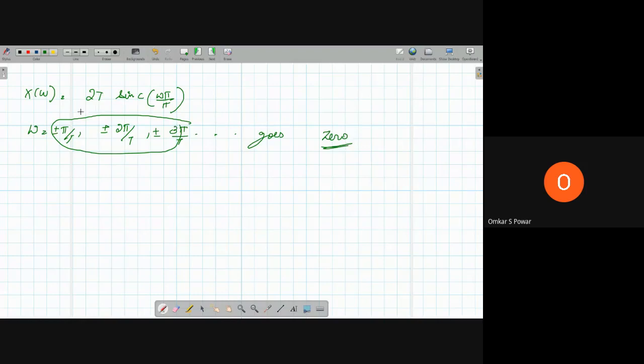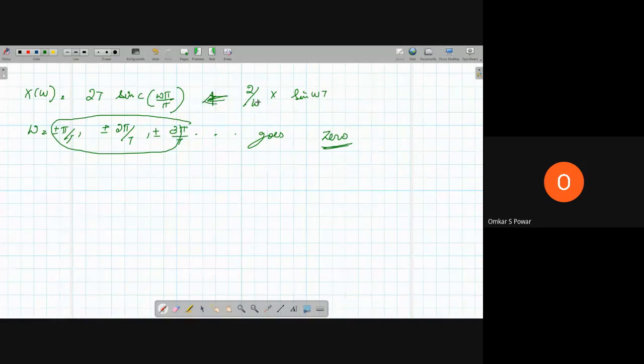Then at omega equal to 0, what value it takes, I will tell you. This is the same as how I have expressed it: 2 by omega into sine omega t, which I have expressed in terms of the sinc function.